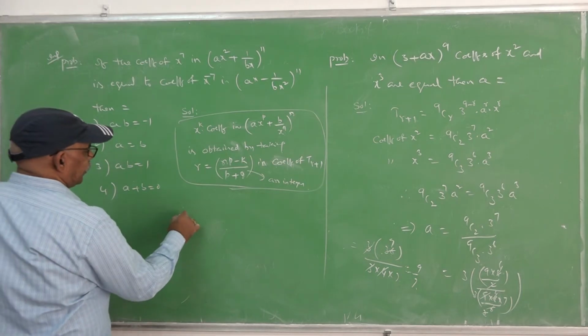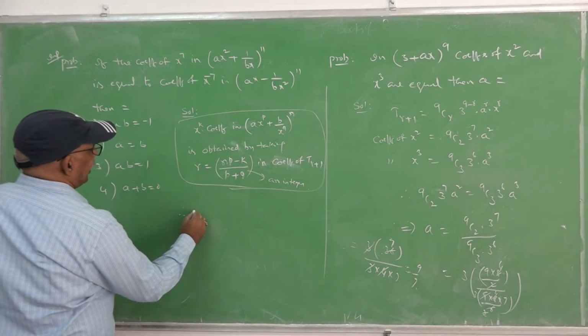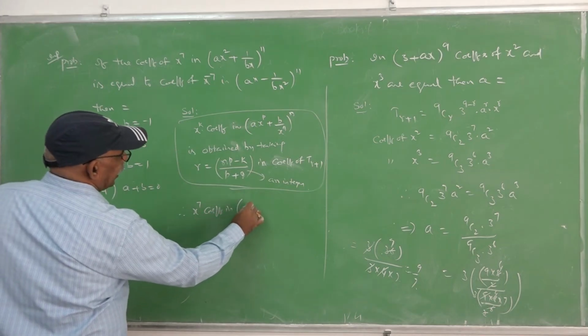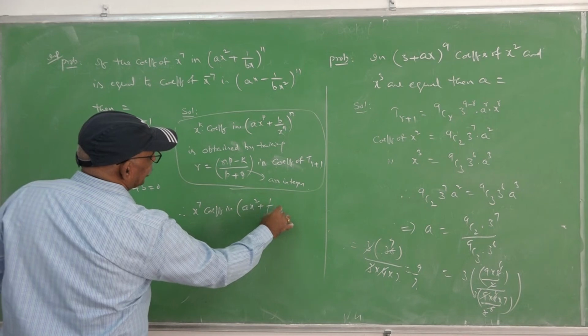So therefore, x power 7 coefficient in (a x square plus 1 by b x) whole power 11.